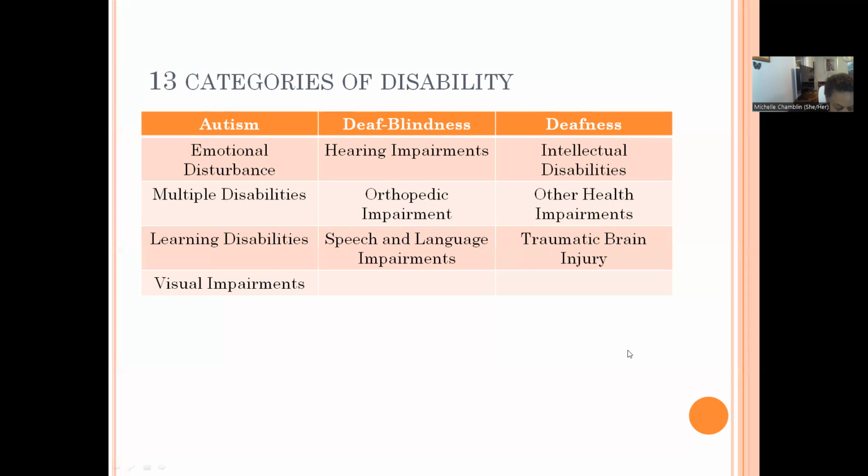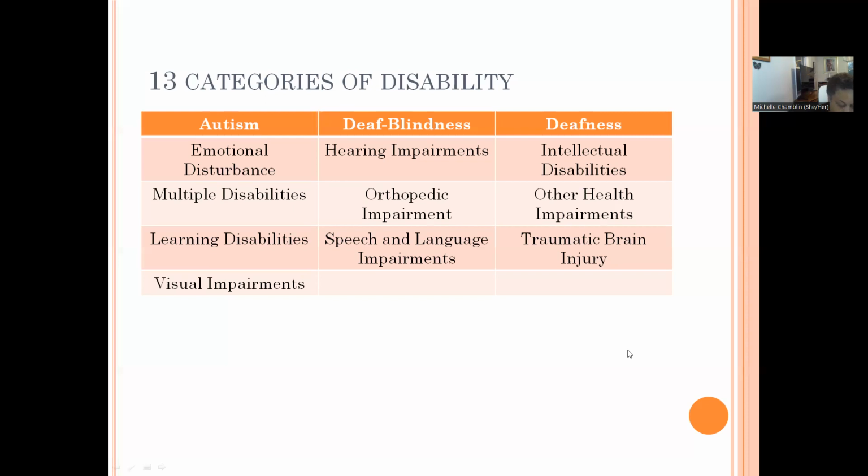this category refers to a disorder in one or more of the basic psychological processes involved in understanding or using spoken or written language, which can result in difficulties in reading, writing, listening, speaking, thinking, spelling, or mathematics.